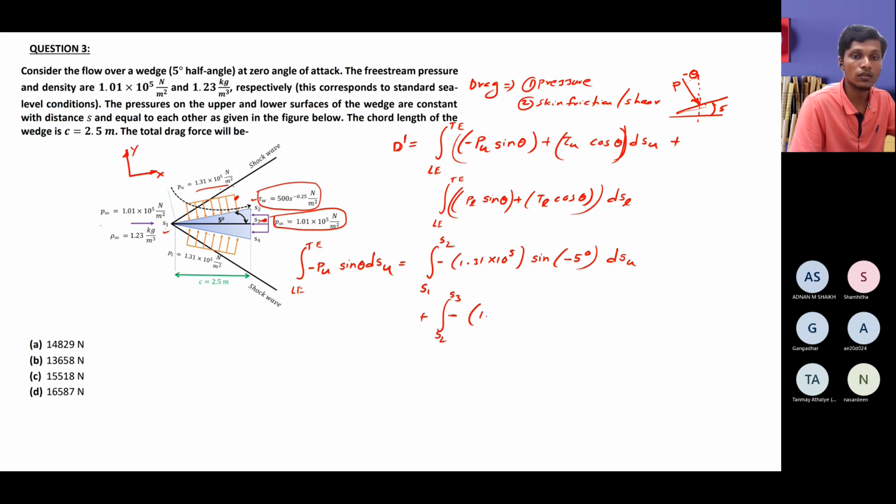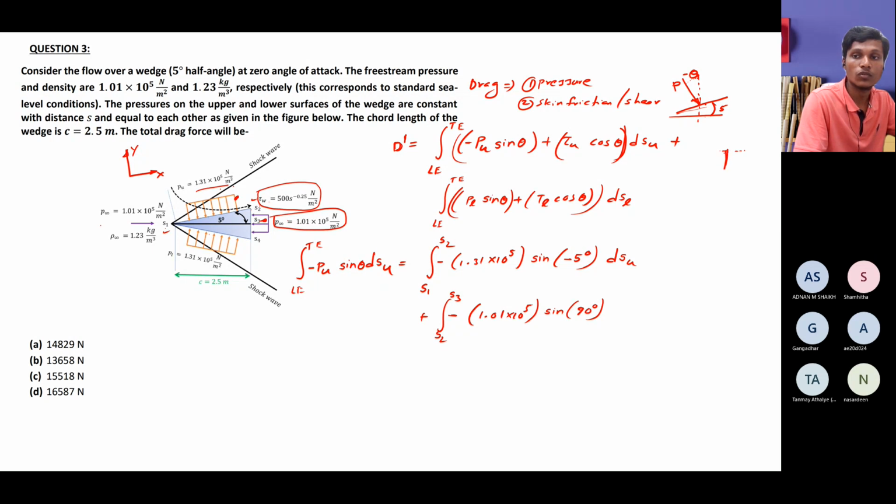So that is 1.01 times 10 to the power 5, and this is sine of 90 degrees, and this 90 is positive. Why? Because if you are standing at 2 and you are trying to see the pressure value, in what direction do you need to rotate at this point and perpendicular to the surface?